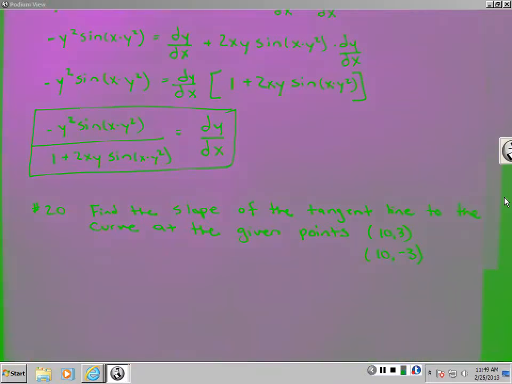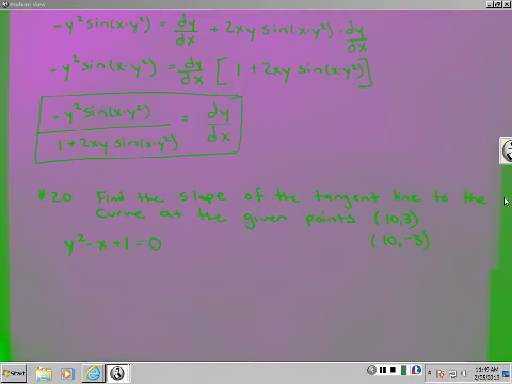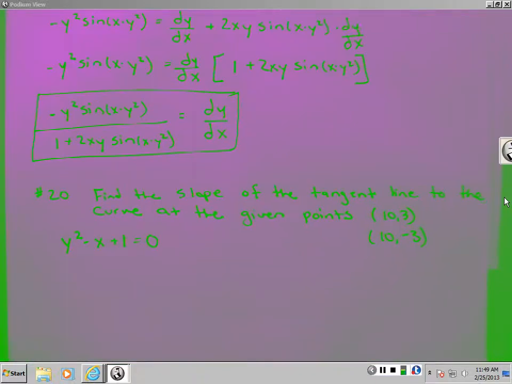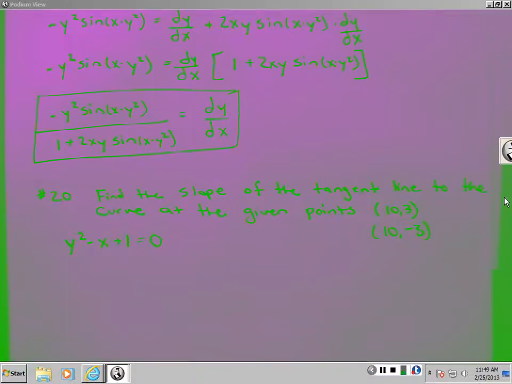Because if I put in 10, I either get out 3 or minus 3. The relationship would be y squared minus x plus 1 equals 0. I could solve for y, and I would get two functions, right? I would get positive square root of x minus 1 or negative square root of x minus 1.